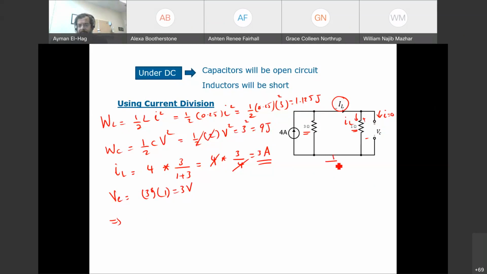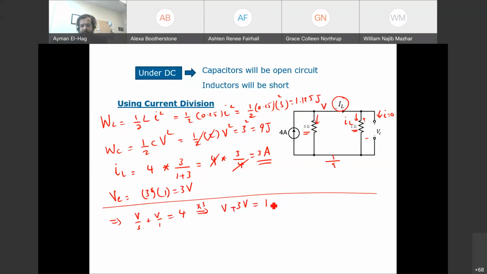You can assume this is ground, this is a voltage V. Assume the currents are leaving, so we have V over 3 plus V over 1 entering the node, equal to 4. Multiply everything times 3, so this becomes V plus 3V equal to 12. So 4V is equal to 12, or V is equal to 3 volt.